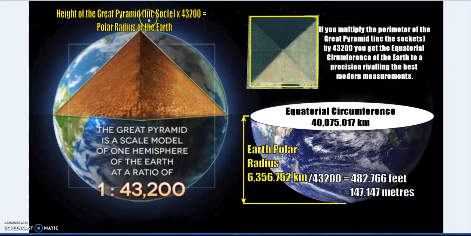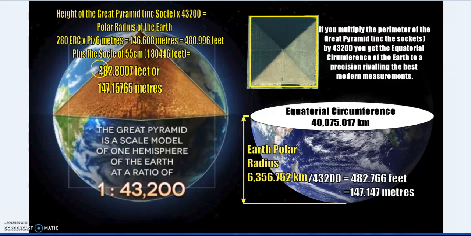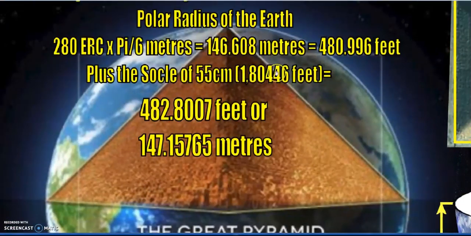The height of the Great Pyramid, including the socle or the paving stones, times 43,200 should be the polar radius of the Earth. Now, the height of a pyramid can vary ever so slightly, again depending on the measurement, but at 280 Egyptian royal cubits, which is pi over 6 meters, it would be 146.604 meters, or 480.996 feet.